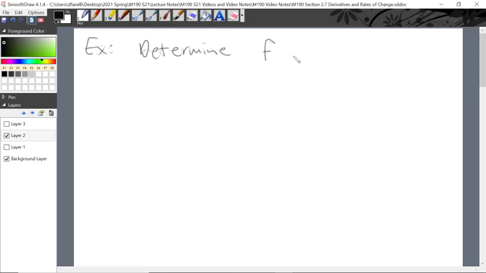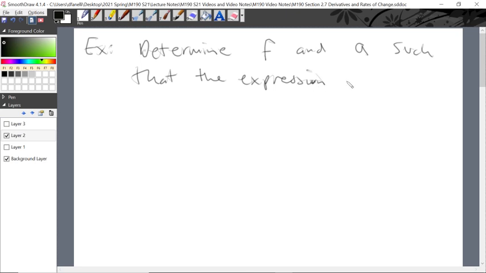Determine the function f and the fixed value a. Just paraphrasing here, such that the given expression is the derivative of f at a.